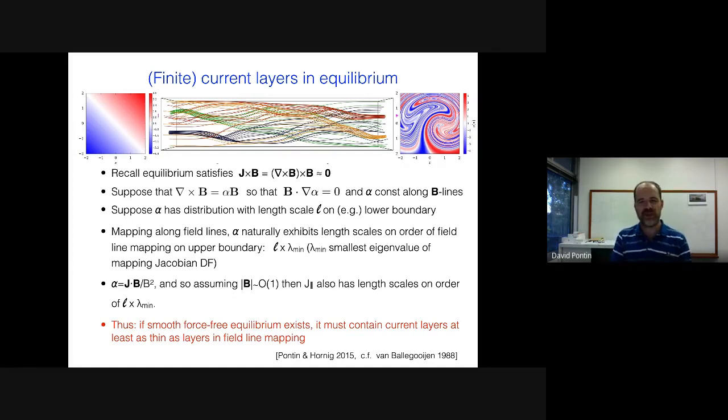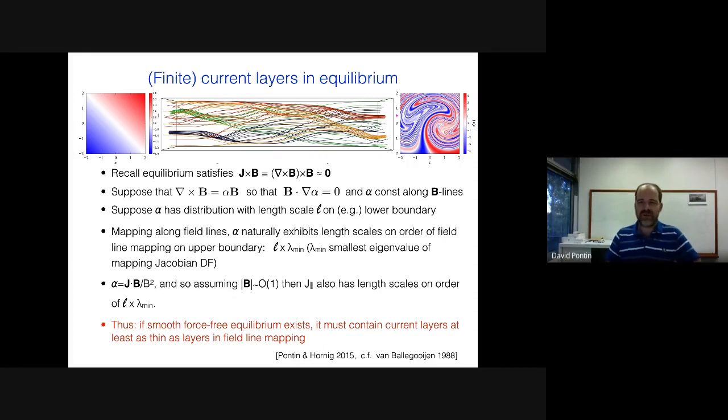So let's suppose we have a force-free equilibrium, J cross B equals 0, or equivalently, curl B equals alpha B, where B dot gradient alpha equals 0, which means that alpha is constant along magnetic field lines.